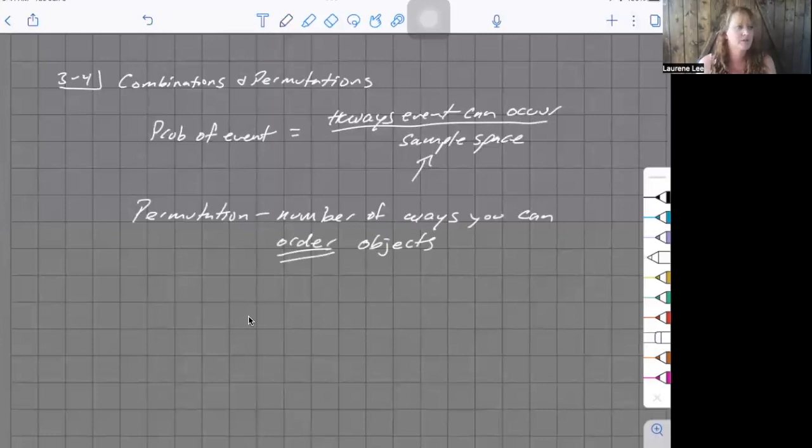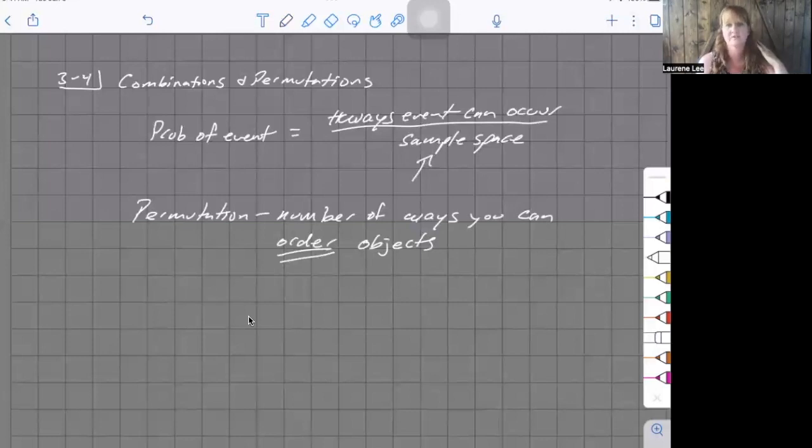For example, if I want to alphabetize the books on my bookshelf, the order that I put those in is going to matter. Or if I want to elect somebody to government positions, the order that I do that is going to matter. I want a certain person as president, a certain person as secretary or treasurer. So that's the scenario where a permutation occurs.